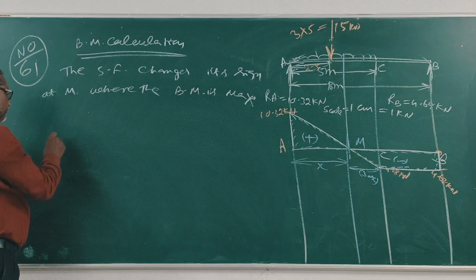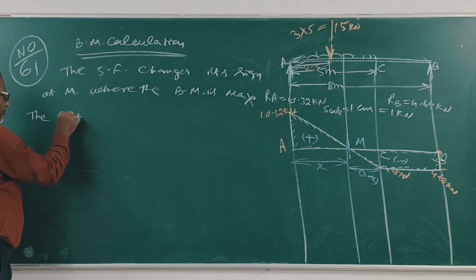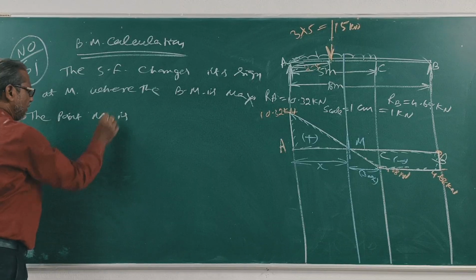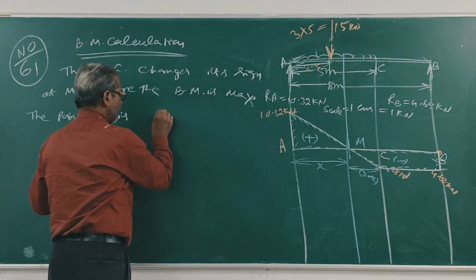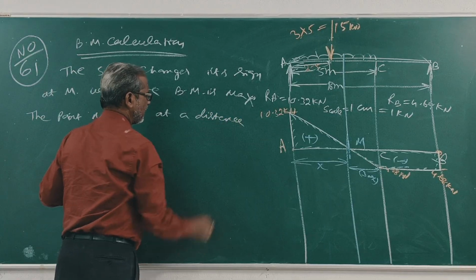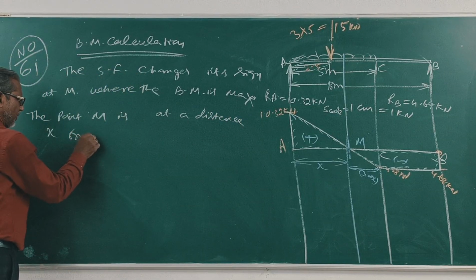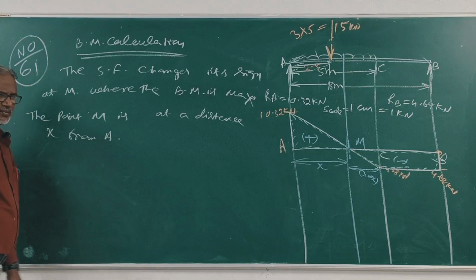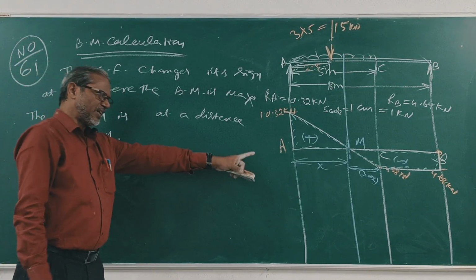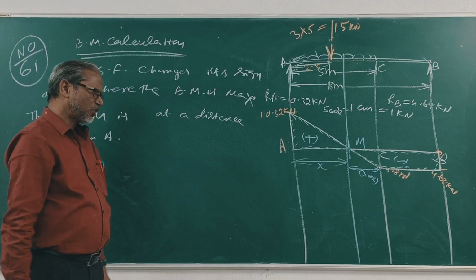Let the point M be at a distance x from A. Clear? This point M is at a distance x from A. What is the value of x?